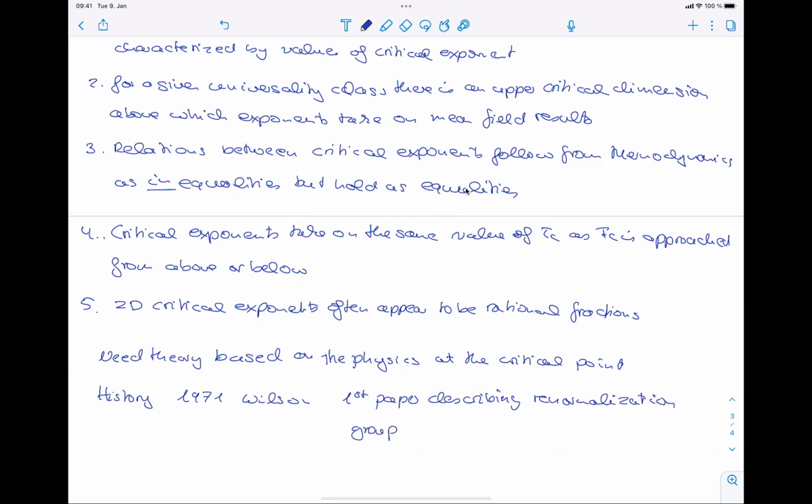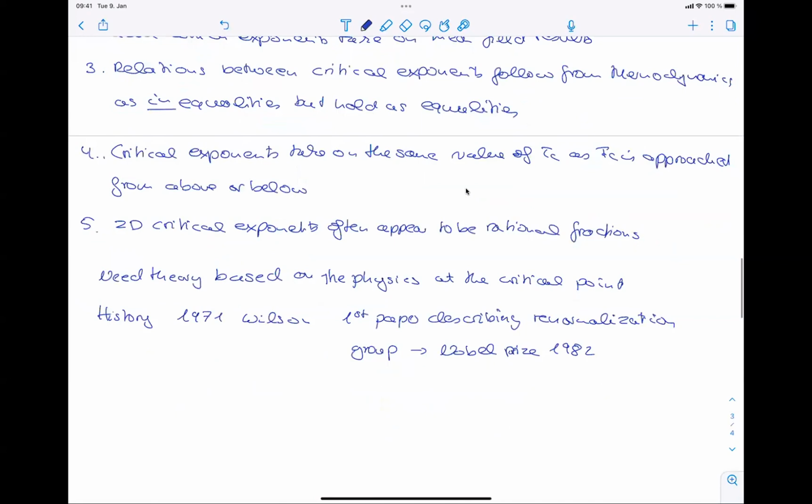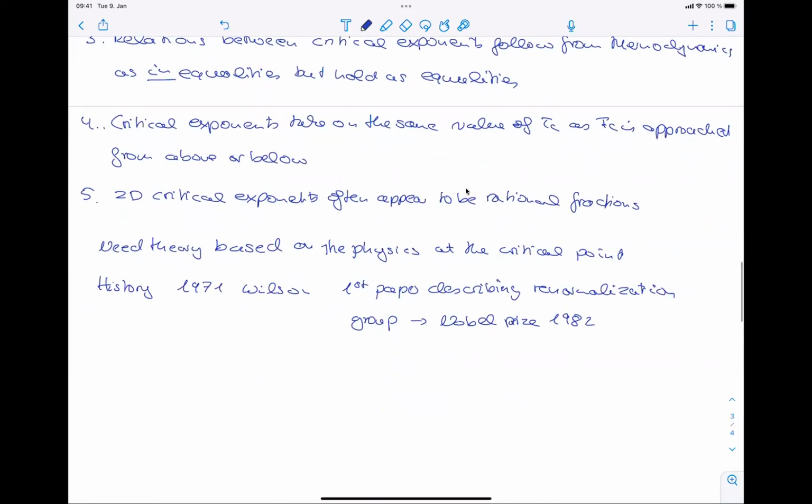And it quickly became accepted as a very powerful and novel method that won him a Nobel Prize just a decade later, which I suspect is fast for Nobel Prizes. Okay, so what is the idea?